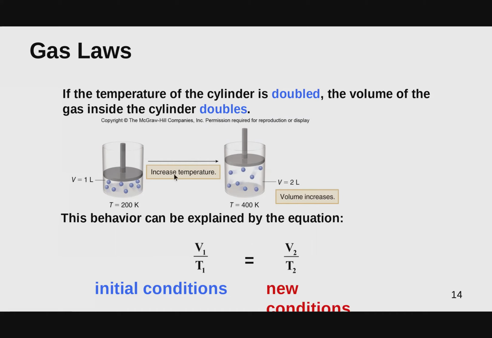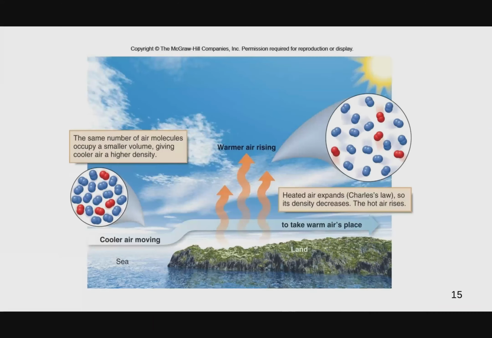What's changing is not the pressure, it's just the volume. Our pressure is held constant, but what changes is our volume and temperature. So as temperature goes up from 200 to 400, the volume has to double as well, and that is what our friend Charles' law tells us. V1 over T1 is equal to V2 over T2.